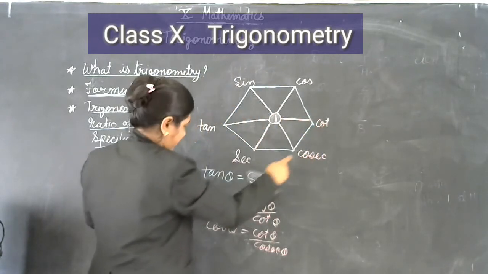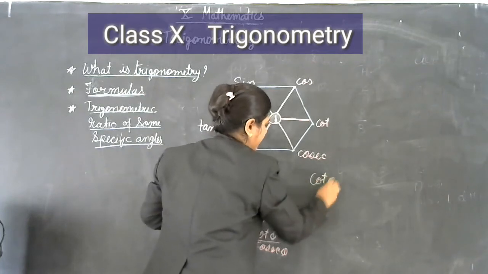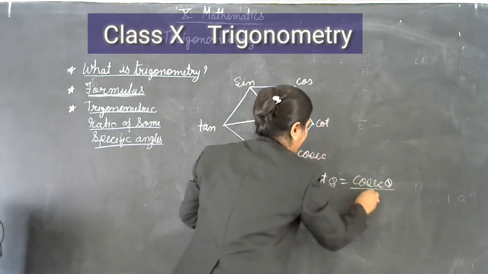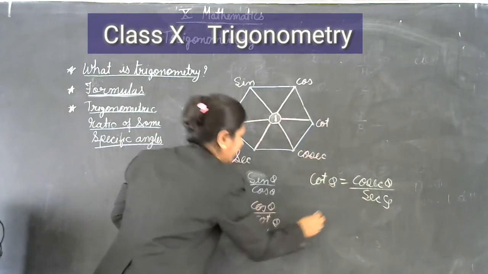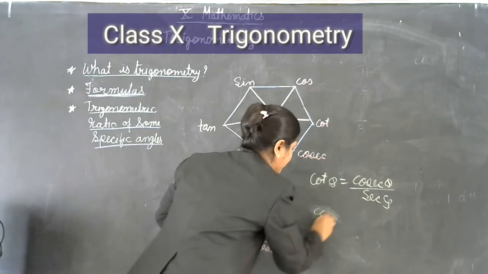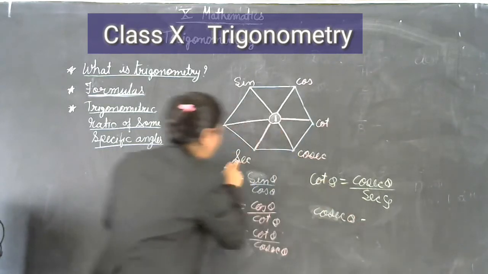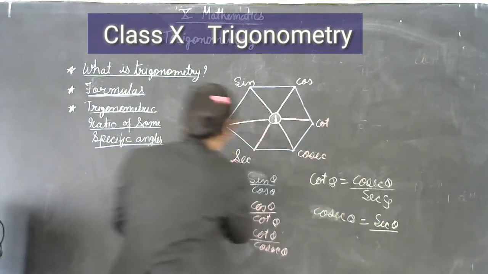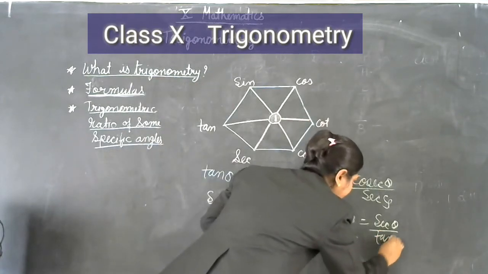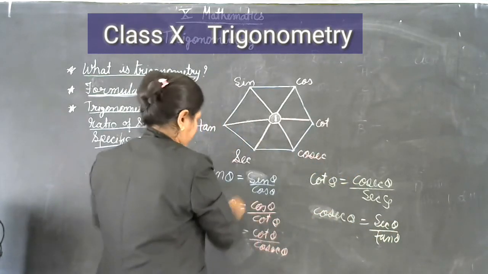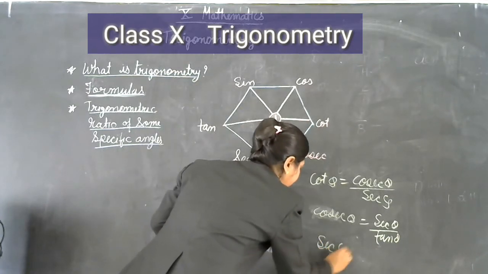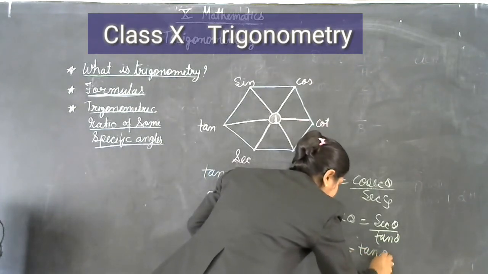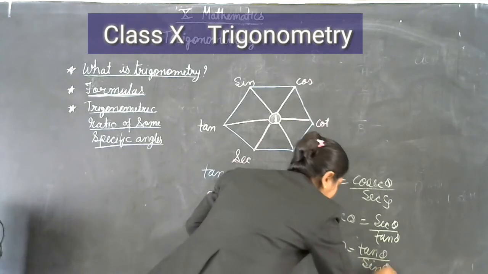Cot theta equals again second by third, cosec theta upon sec theta. And cosec theta equals again second by third, means sec theta upon tan theta. And sec theta equals tan theta upon sin theta.